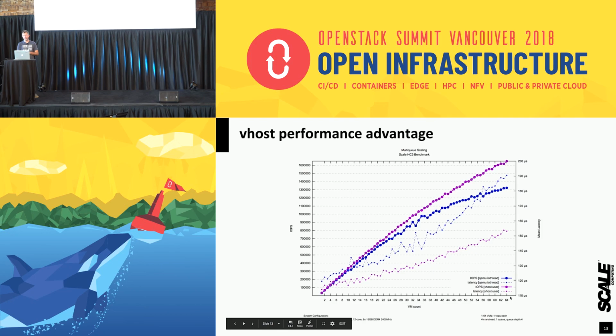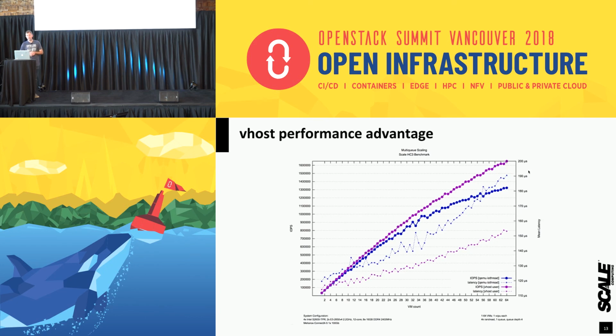So on the very right end, we're running 64 virtual machines. We're peaking out over 1.6 million IOPS with the vhost, but we can't quite get there with IO thread. And more significantly, the latencies are quite a bit different. With vhost, you're between 150 and 160 microseconds of latency, while you're up over 190 with the IO thread back end.